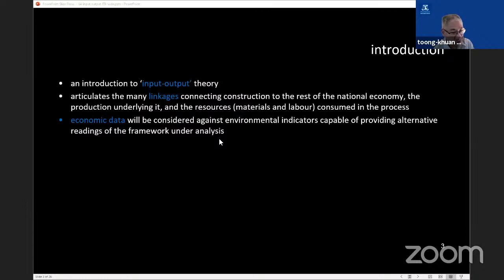If you think about energy being produced by burning coal, but the energy sector is not directly supplying to the construction industry, it supplies to all industries. Now, using this tool, you can also see the link between power generation using coal or using fuel oil, using diesel, using solar panels, using wind, and see how those environmental indicators can be linked into your overall national economy. So it's a very powerful tool.